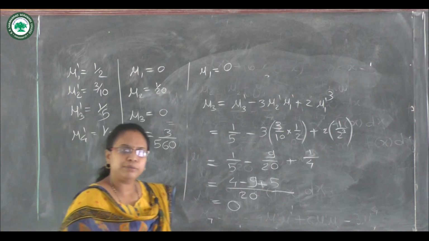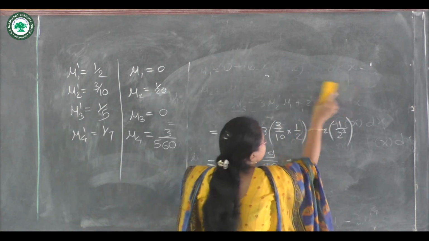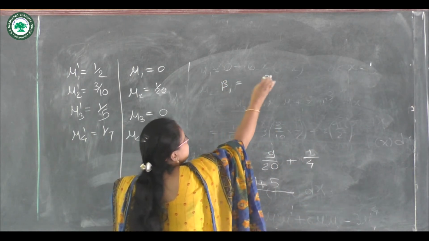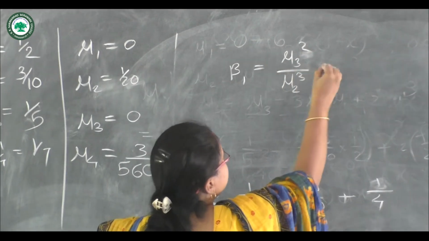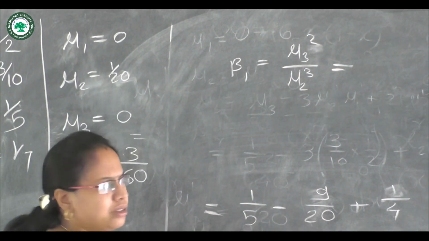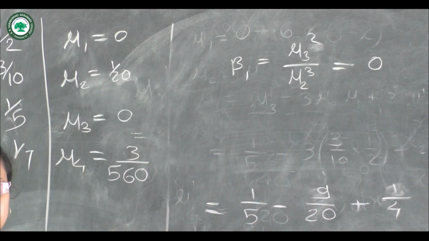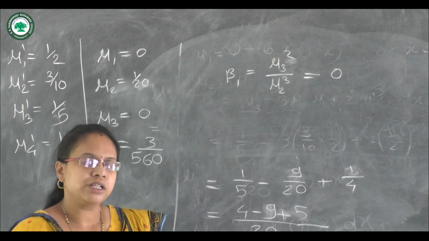Now we will find the Pearsonian's coefficients. So beta 1 is mu 3 square upon mu 2 cube. Here mu 3 is 0, that's why it is 0. And if beta 1 is 0, then gamma 1, which is the root of beta 1, will also be 0.